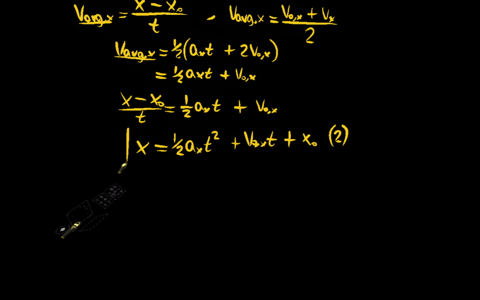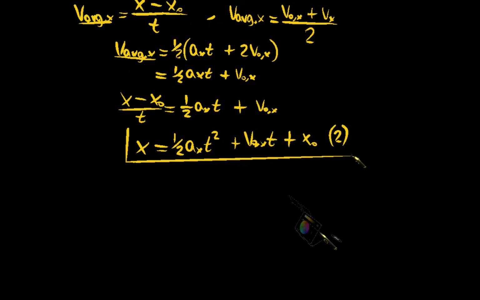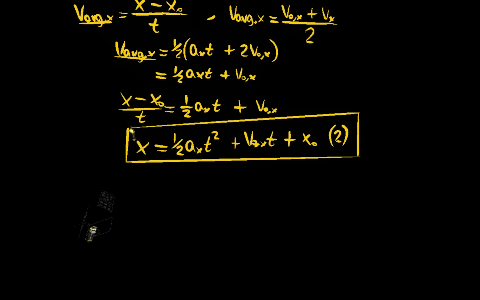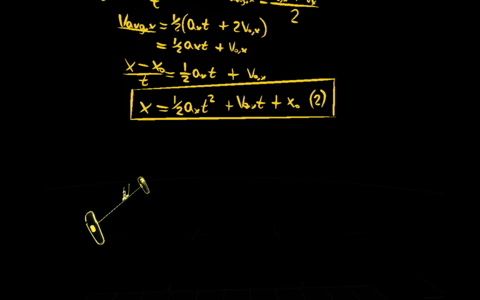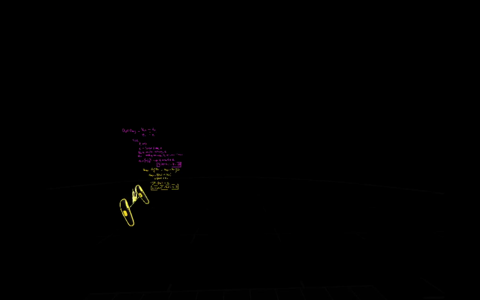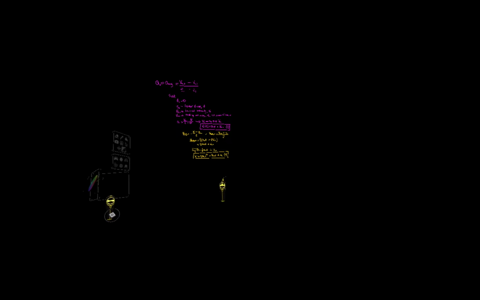So this is our equation 2, for equations that are valid only when we have constant acceleration, but are very useful nonetheless. All right. And make everything small so that I can get my next page of notes here. All right, let's put this back up.